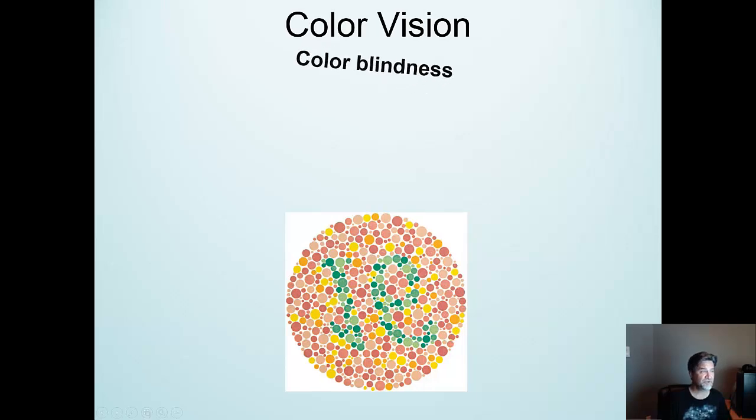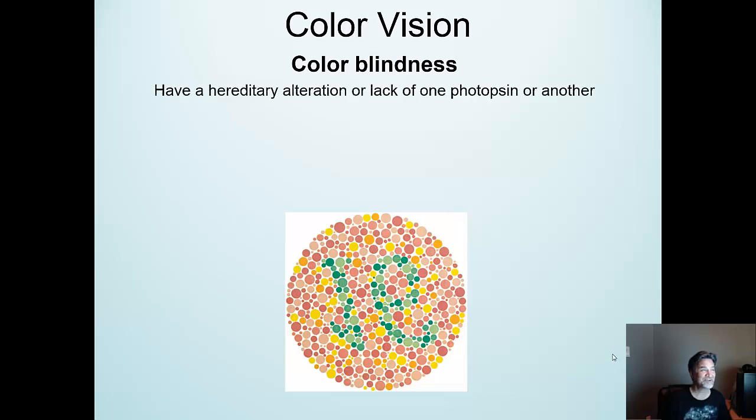So color vision, hopefully you don't have color blindness. Hopefully you recognize that this number in here is actually inverted and is not a normally oriented number. Okay, so it is possible to have a missing set of cones. You could miss completely the red cones.